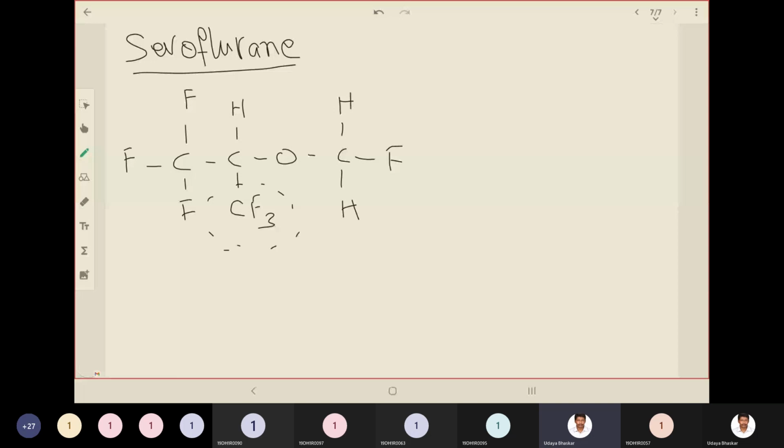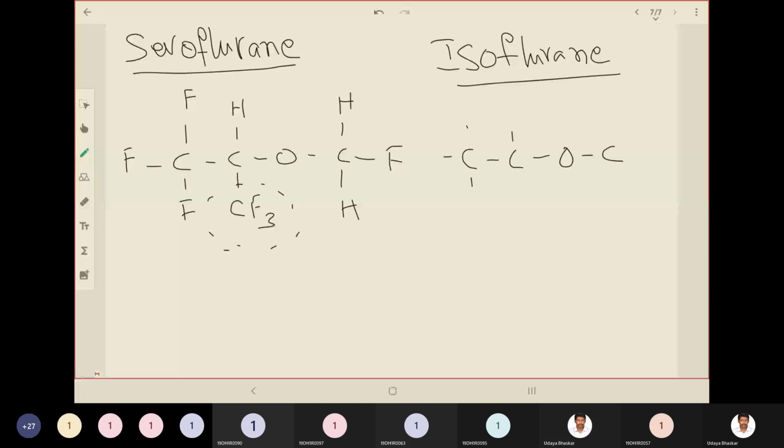And let us see the structure of isoflurane. It is also an ether. Carbon 1, carbon 2, ether link, carbon. Here, same as sevoflurane, the first carbon has three fluorines.